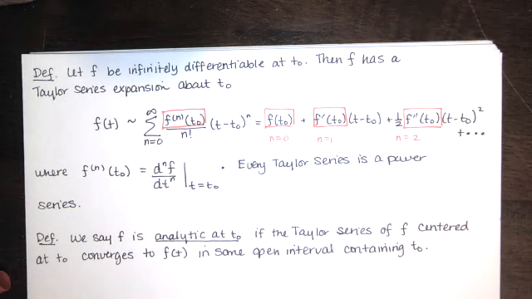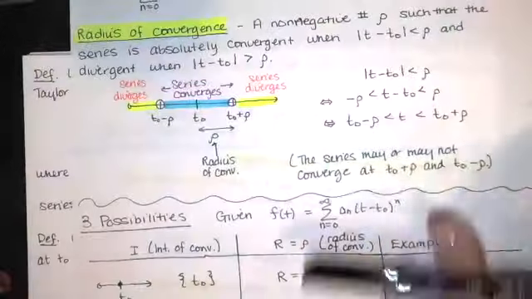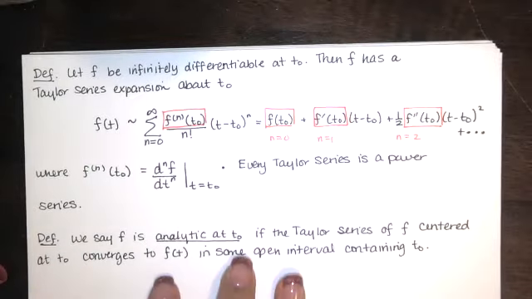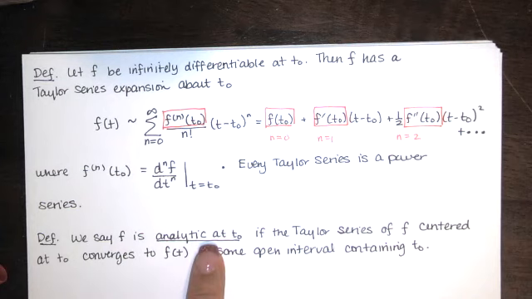So basically, we're saying that the radius of convergence is not 0. We've got some interval of convergence that at least looks like this, perhaps looks like that. If that's the case, we say that f is analytic at t naught.